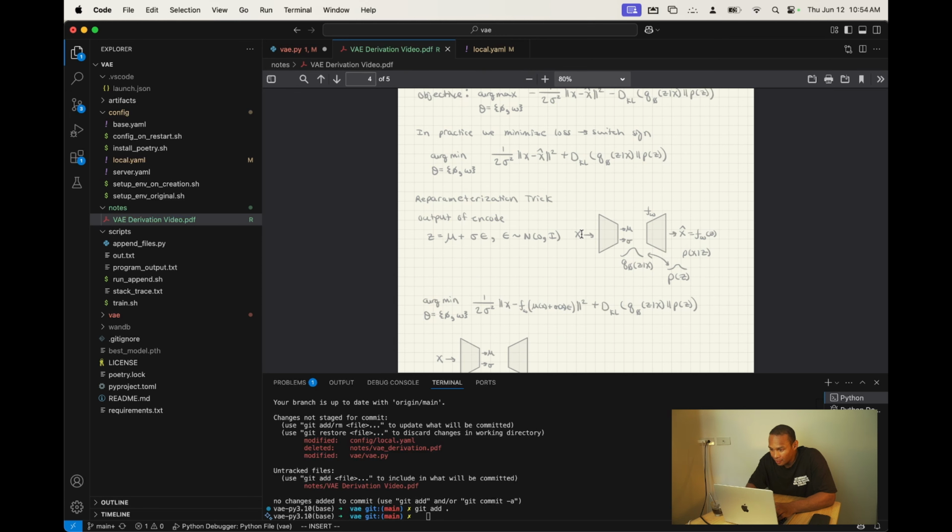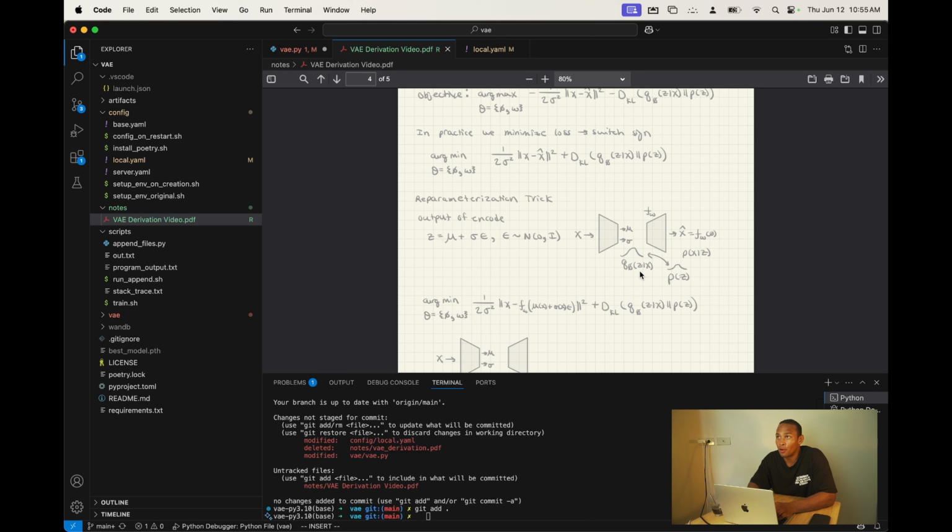It takes an image as an input. For the linear case, we're going to flatten the input because we're using linear layers. And then we're going to go from the input layer to one hidden layer, and then to one linear layer for mu, one linear layer for sigma. Mu and sigma are both latent vectors of a dimensional size of our choosing. We're going to say 16. Then we're going to do the reparameterization trick.